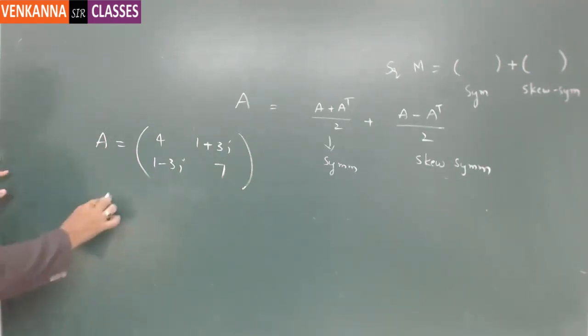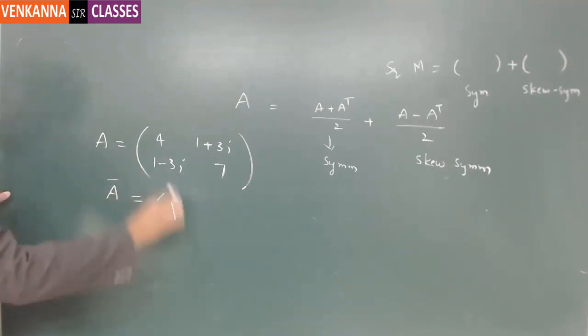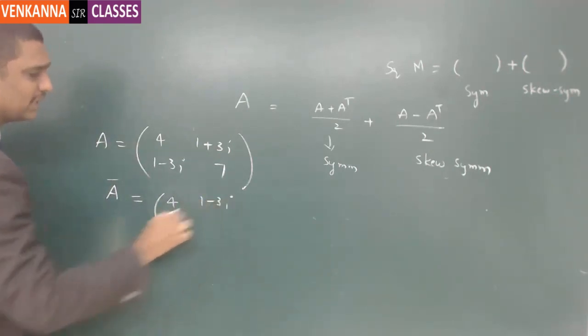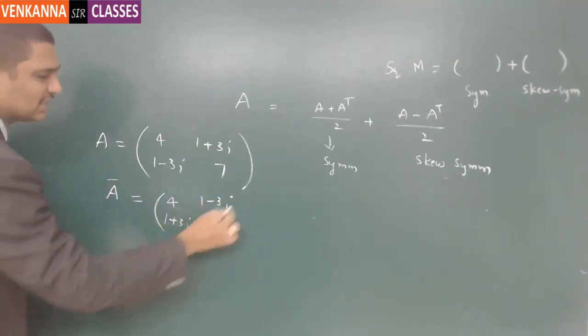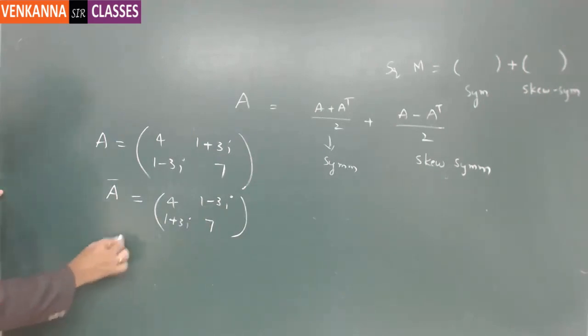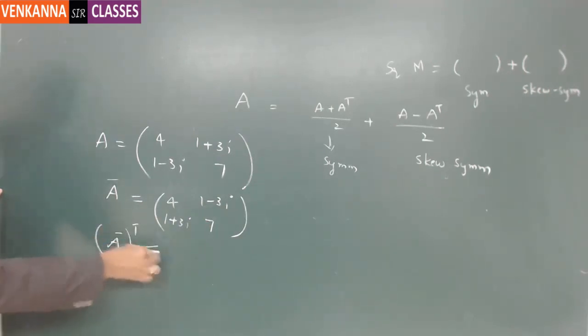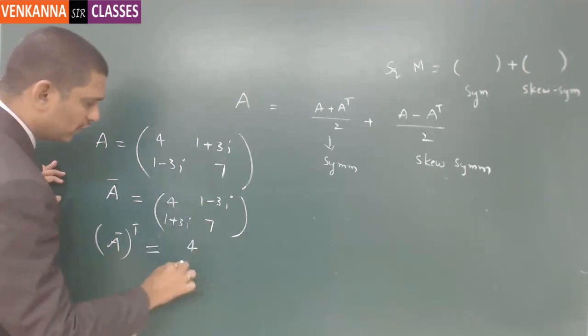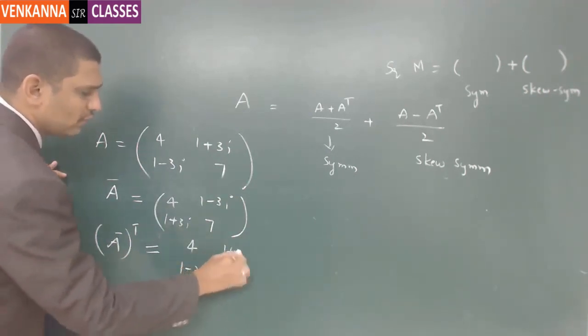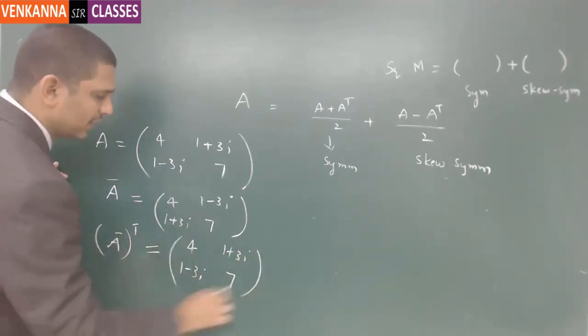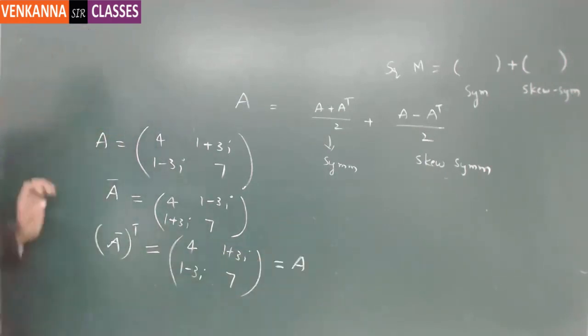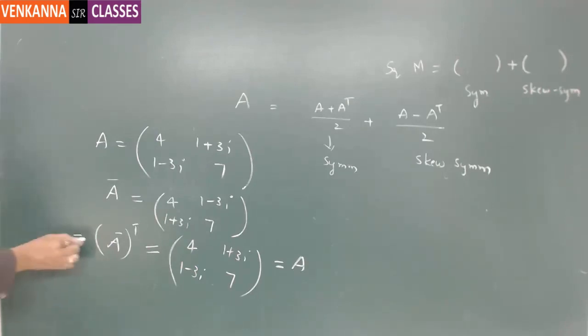If you calculate the conjugate A bar, applying conjugate to each entry, it will be 4, 1 minus 3i, 1 plus 3i, and 7. And if you consider the transpose of it, it is nothing but 4, 1 minus 3i, 1 plus 3i, 7. Nothing but A. Agreed? Since A power theta is equal to A, this is the Hermitian matrix.